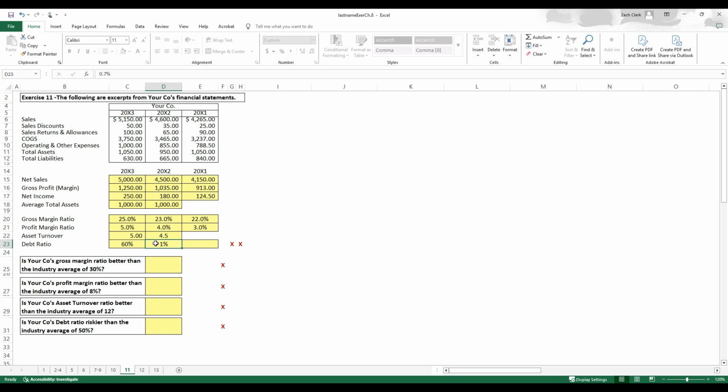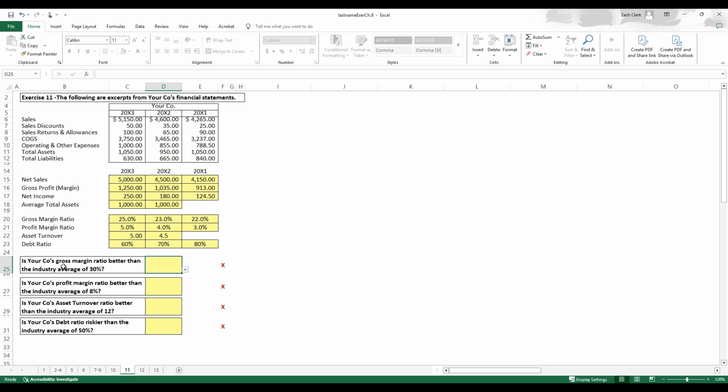Oh, what happened there? 665 divided by 950, not minus. There we go. And then the last one was 840 divided by 1050. So you can see our debt ratio is going down. Generally, that's a good thing.